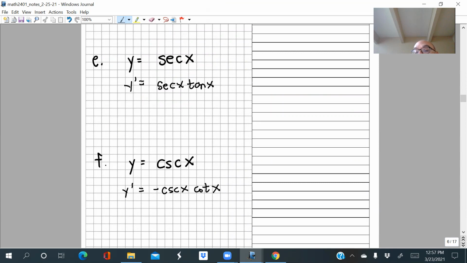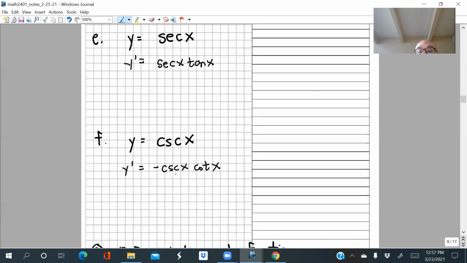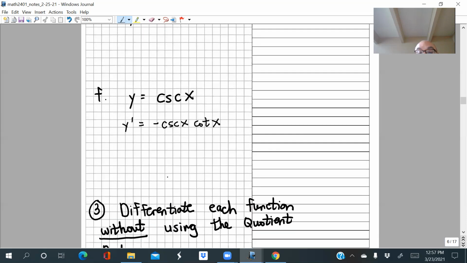It's not something you want to reproduce; you just have to memorize those so that you can use them from memory. Hopefully you'll have plenty of opportunities in your homework, but you need to concentrate on memorizing the derivatives of the six trig functions.